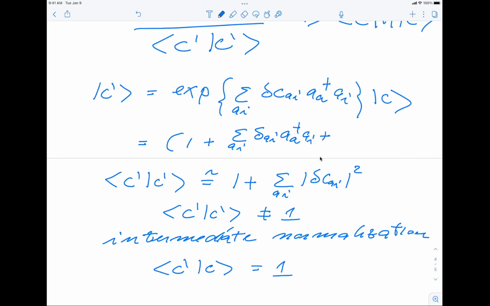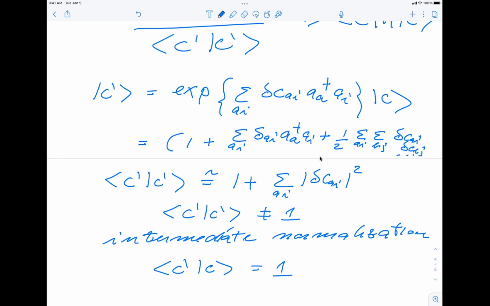When I do the Taylor expansion of this quantity, there's going to be a 1/2, and then a sum over AI and a sum over Bj, containing a delta C of AI and a delta C of Bj.